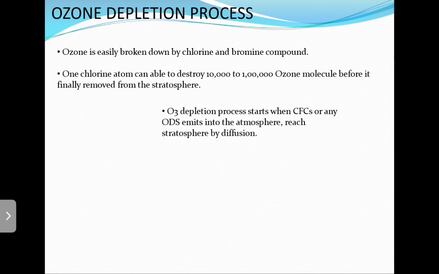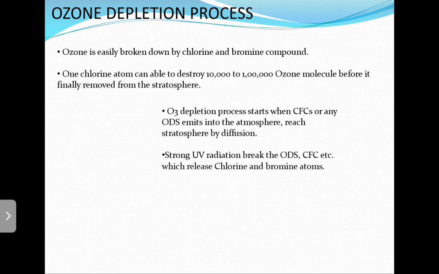That reaction I will explain in a later slide. And this monochlorine and bromine atom start reacting with the ozone and destroy it, up to the time it is removed from the stratosphere.